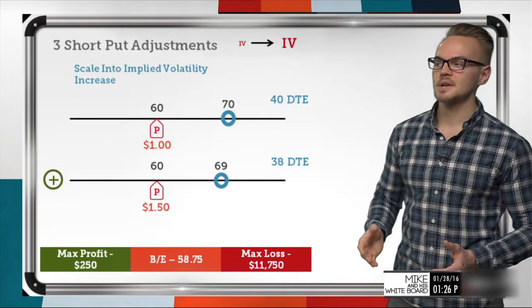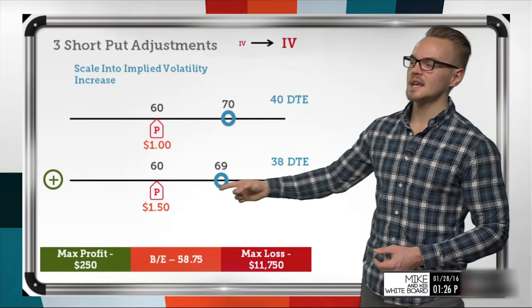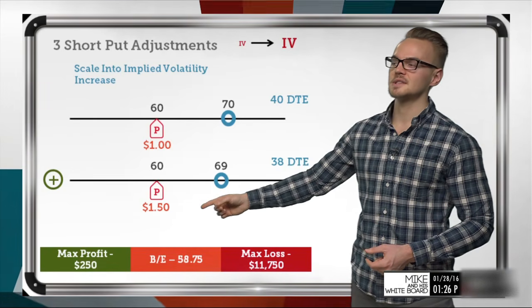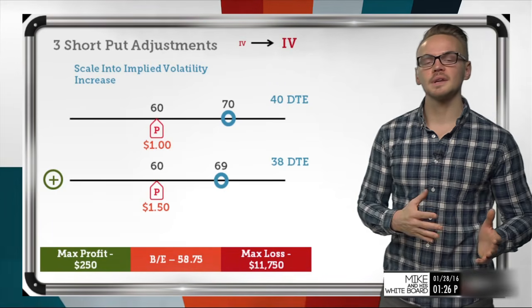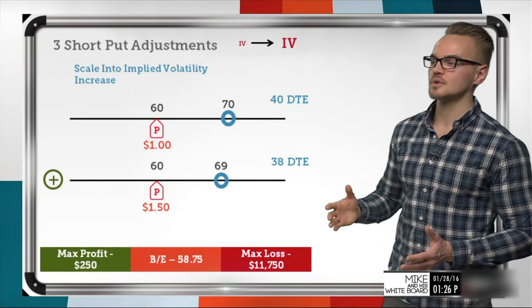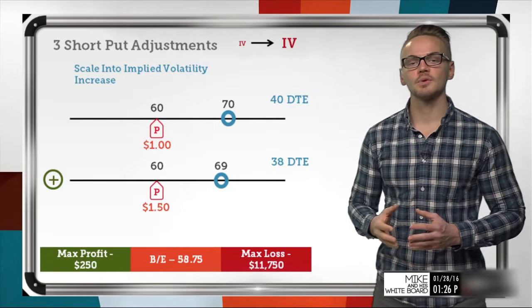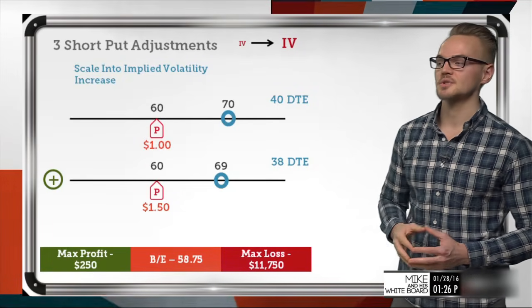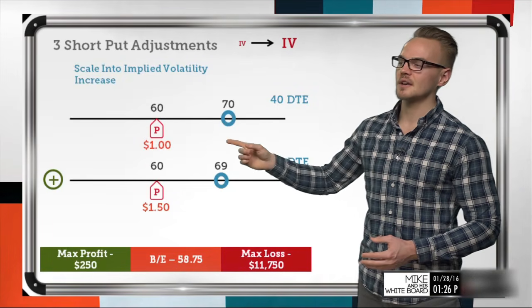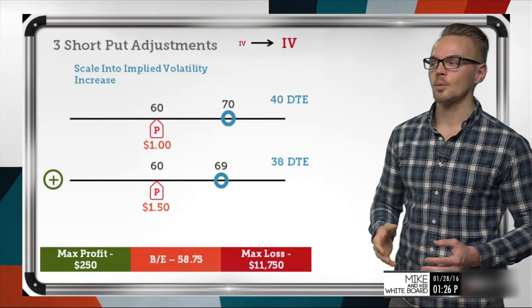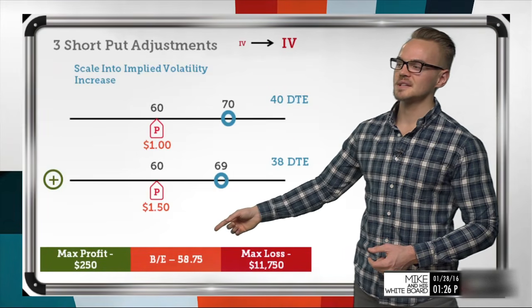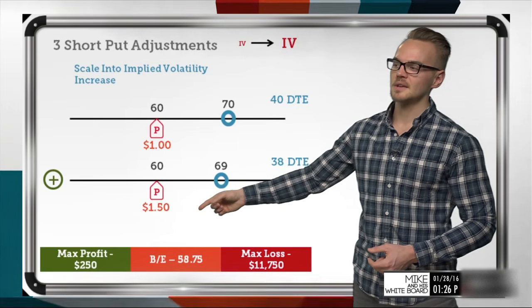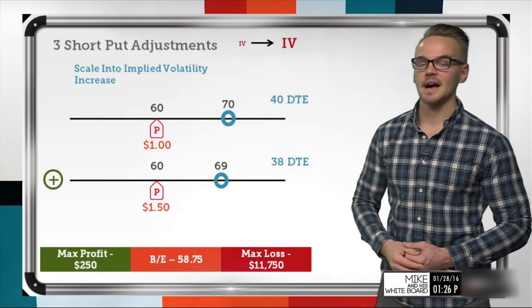So really what we're doing to calculate our break even is we're taking this credit of $2.50 total, and we're dividing that by 2, because I know that with a 1-point down move, I'm now going to lose a value of 2 points as opposed to 1 point with just 1 contract. So I take my $250 credit, divide that by 2 to get 1.25, and that's how I subtract that from the 60 strike that I'm short here to get my break even of $58.75.